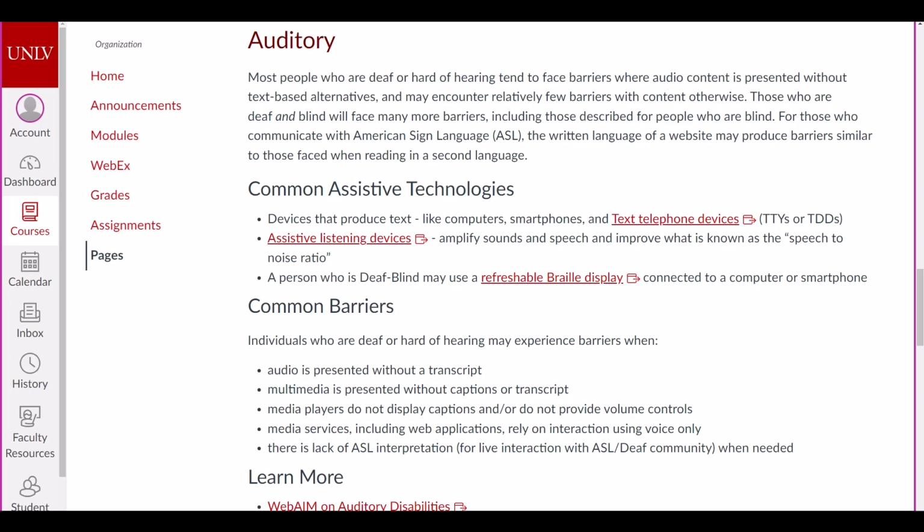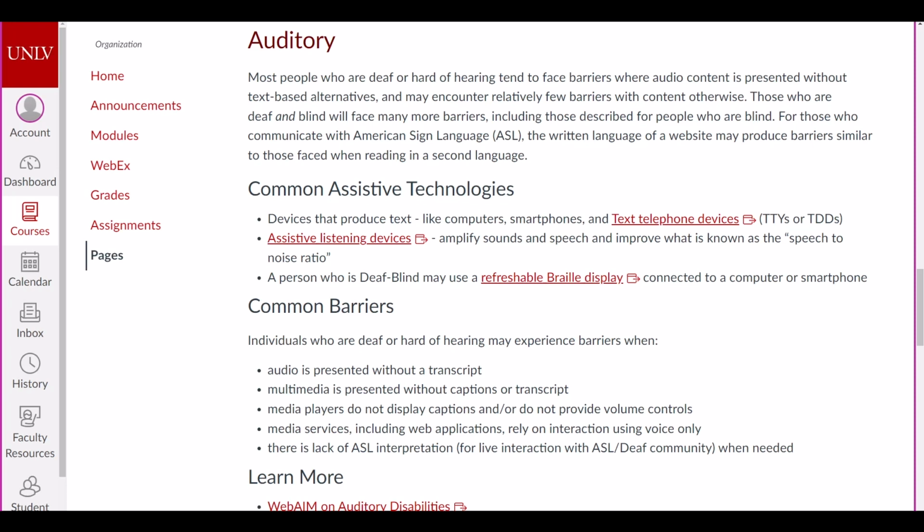For those who communicate with American Sign Language, or ASL, the written language of a website may produce barriers similar to those faced when reading in a second language.